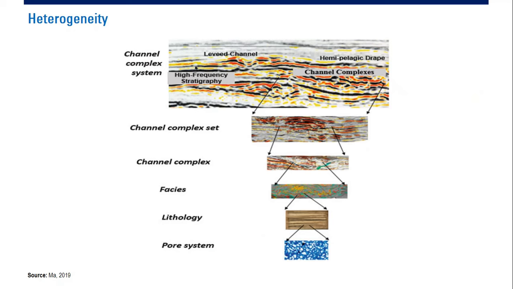So we have heterogeneity at all scales. In a channel complex system, in a channel complex set, we have differences of properties at channel complex level, at facies level, at lithology level, pore system level. We have different properties, and we call it heterogeneity. Again and again, it makes simulation difficult. But we need to understand, we need to know the characteristics, the properties of our reservoir.